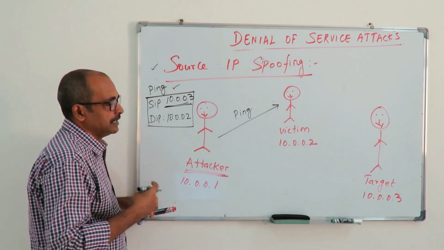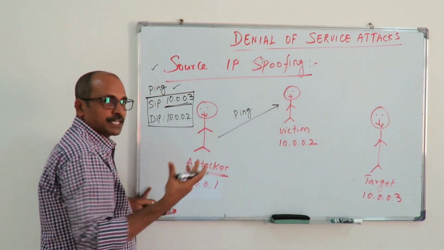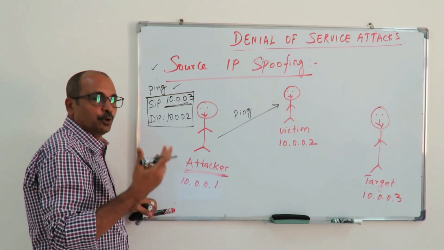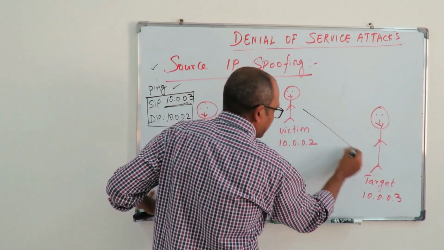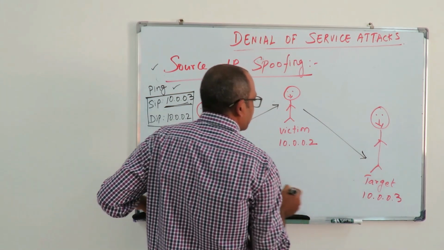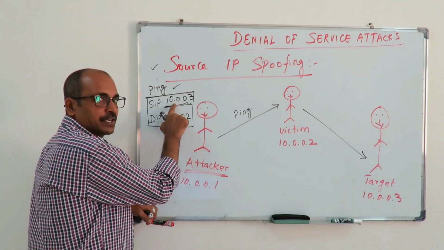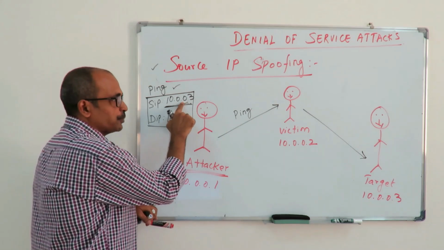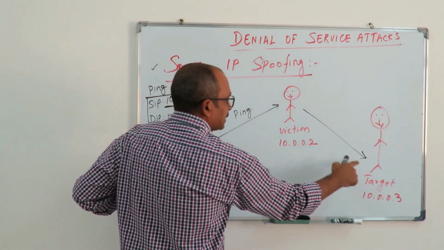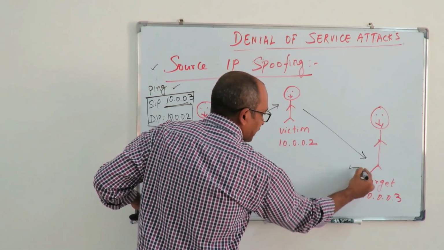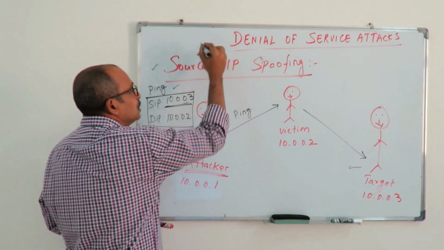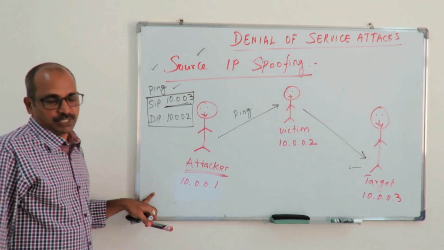But the reply will go to the target, because in the packet the source is written as 10.0.0.3. So automatically the ping reply goes to the target. This concept is called source IP spoofing.